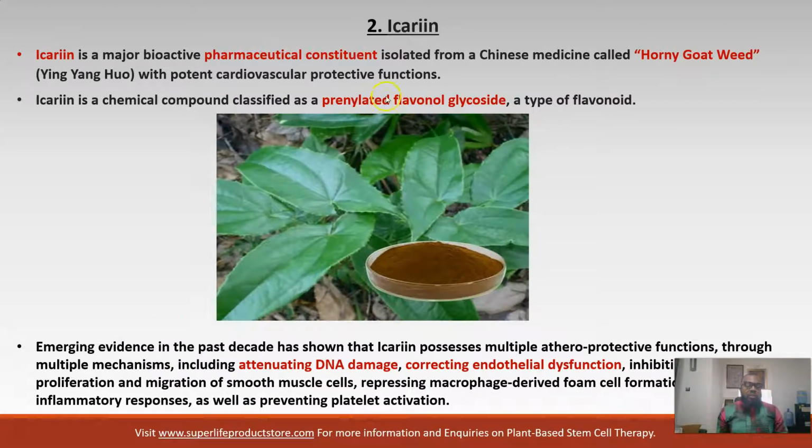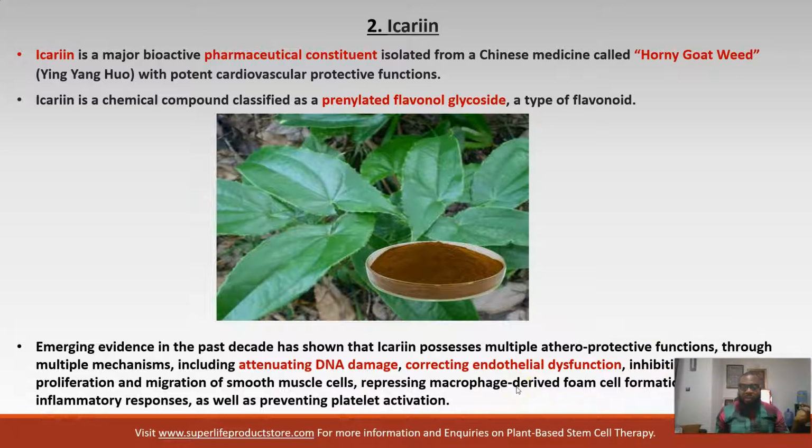And the second is icariin. Icariin is basically a biotic pharmaceutical constituent, isolated from this Chinese medicine called horny goat weed. It's very good for the heart, the veins, the arteries, and basically the cardiovascular system. Evidence has shown in the past decade that it possesses multiple arterioprotective functions through multiple mechanisms.